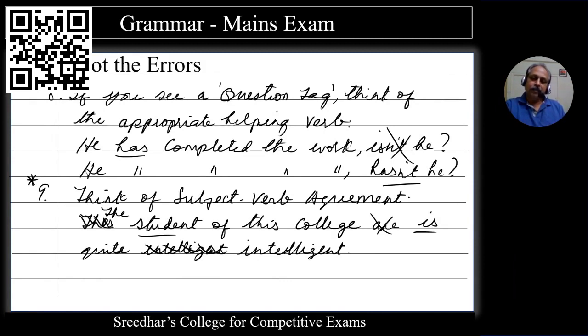Very important. This is an easy example, but quite often they try to make it a little complicated. In the exam, if you cannot spot the error after using all those strategies, then look at the subject, look at the verb, think of subject verb agreement.